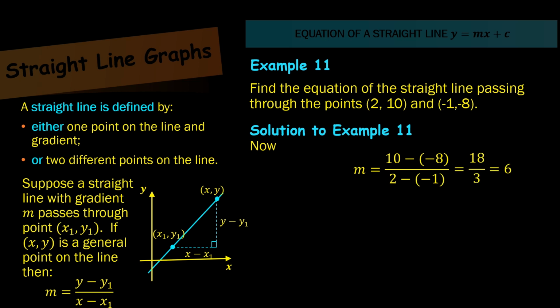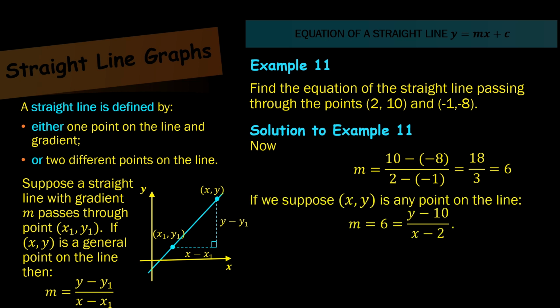So m is equal to 6. If we suppose (x, y) is any point on the line, then m equals 6 equals y minus 10 over x minus 2. Therefore, multiplying out gives the equation shown. And finally, tidying up gives us y equals 6 times (x minus 2).